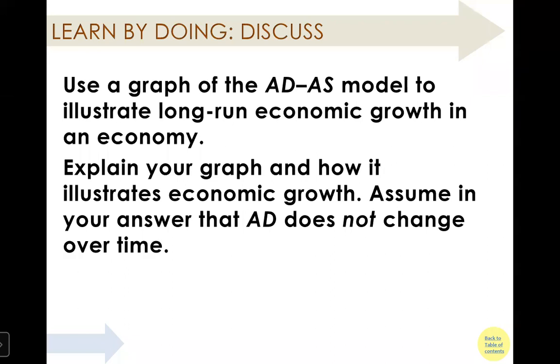And here, there's another practice, this discussion. Instead of looking at the short run, this practice asks you to use the AD-AS model to illustrate long run economic growth. Long run economic growth essentially says long run aggregate supply shifts to the right-hand side.